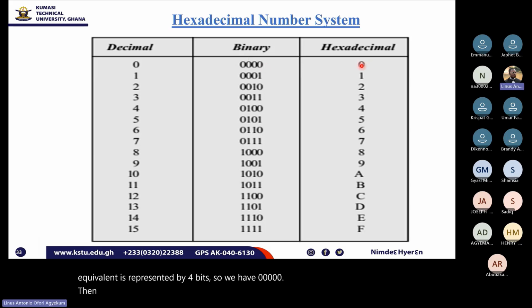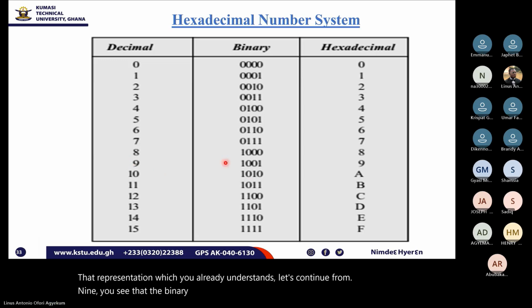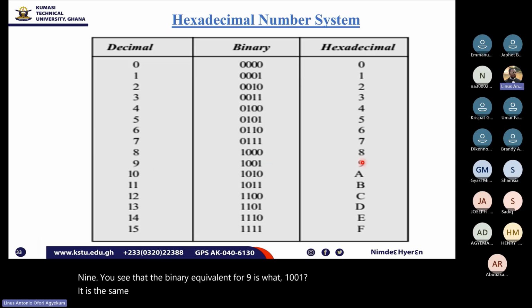That representation, which you already understand, let's continue from 9. You will see that the binary equivalent for 9 is what? 1001. It is the same thing, 9 for hexadecimal.